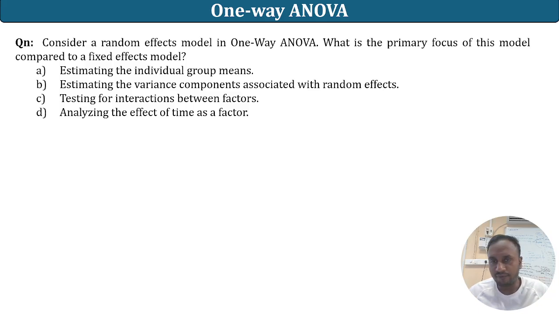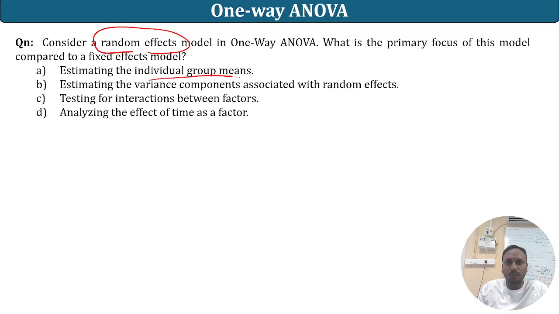Earlier we saw the fixed model; what is the purpose of the random effect model and how can we compare it to the fixed effect model? If we use a random effect model, we take something from a large population, and it's going to be about the variance for random effects.